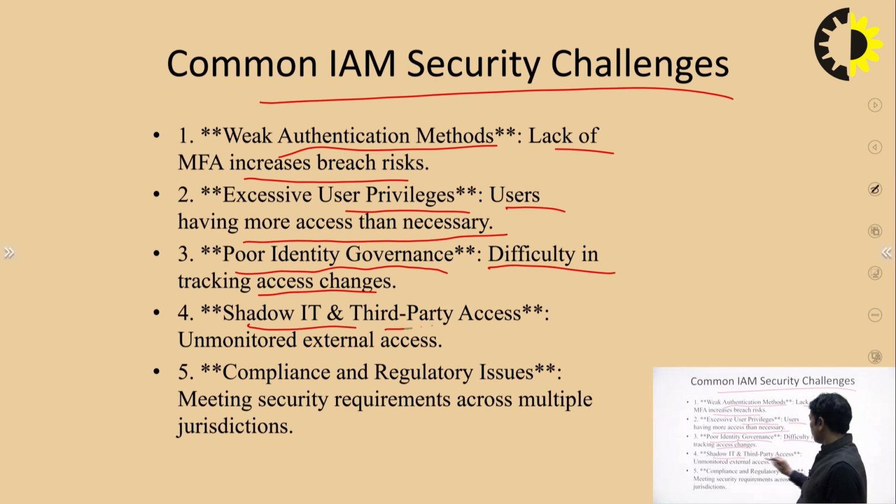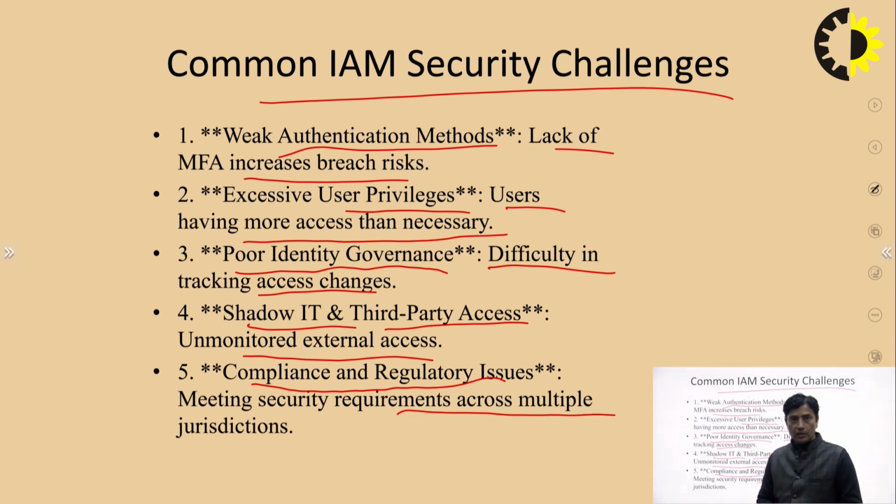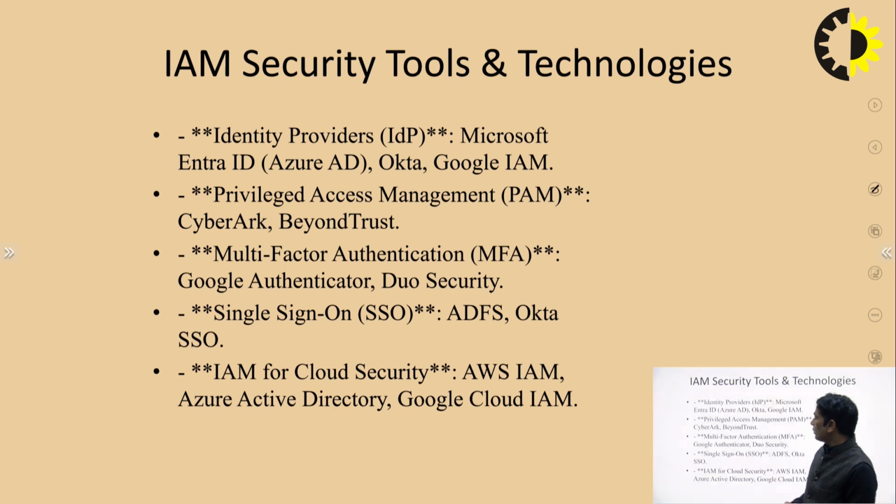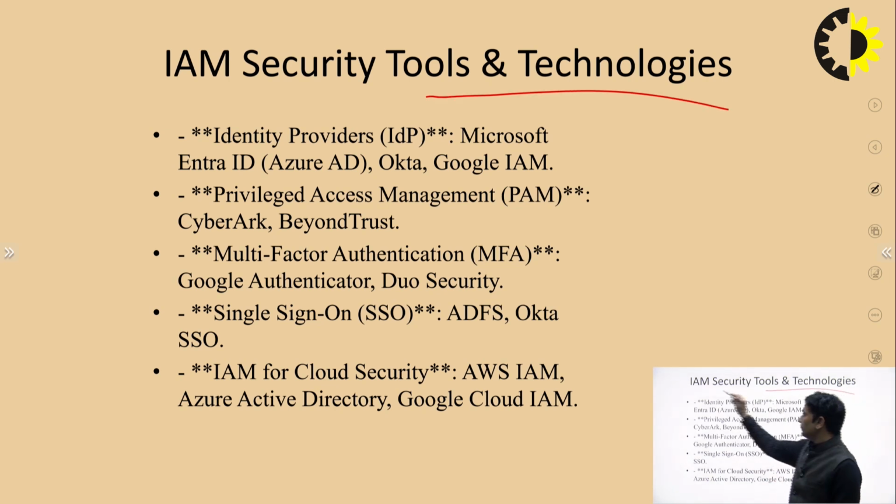Shadow IT and third-party access, that is, unmonitored external access, is also a problem. Compliance and regulatory issues, meeting security requirements across multiple jurisdictions. These are the very general security challenges of IAM.